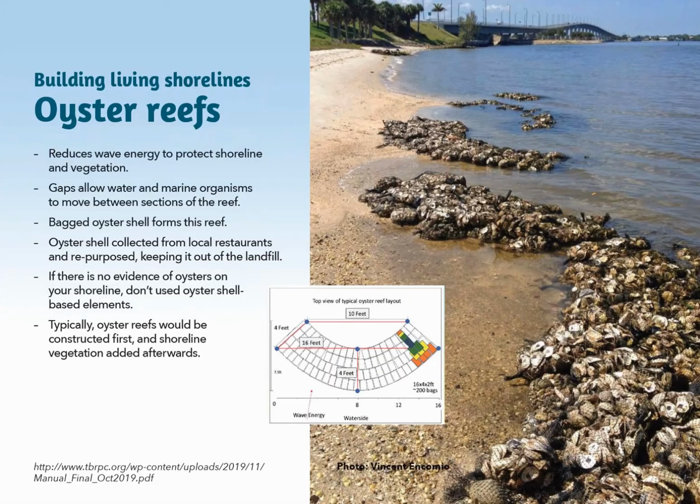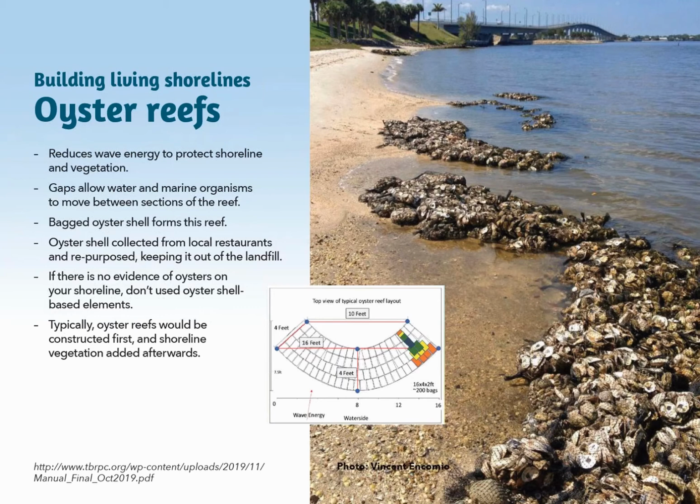When we looked at the first slide, this is a different location, but you see these curved structures, and these are bagged oysters. There are different ways of building oyster reefs, but the way that we're using in the southern lagoon anyway, is we're taking bags and filling them with loose oyster shell that was collected from local restaurants and repurposed.